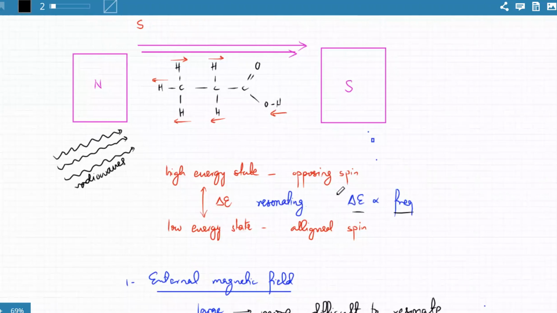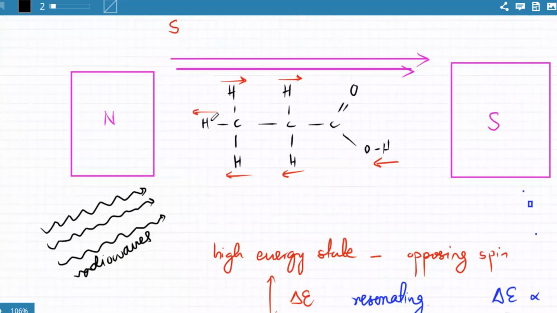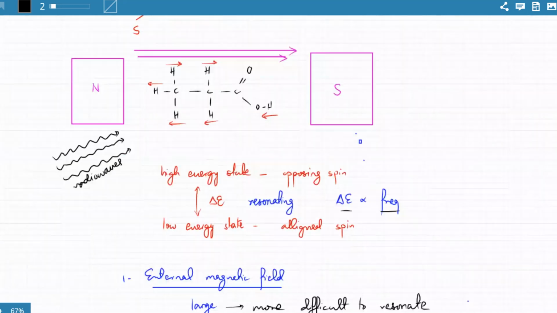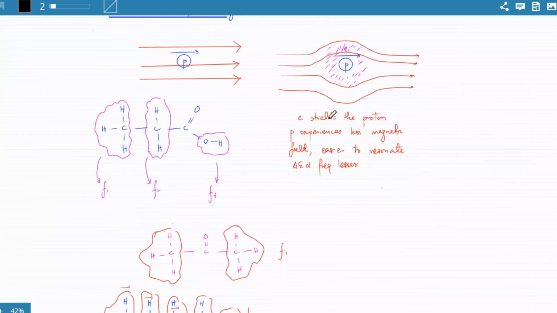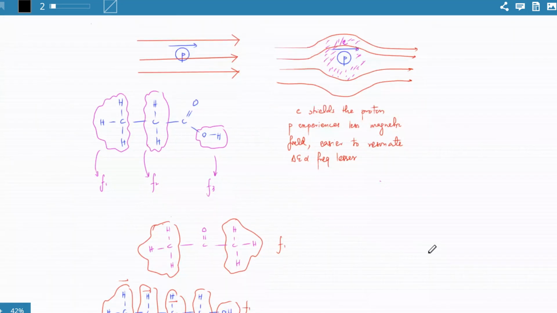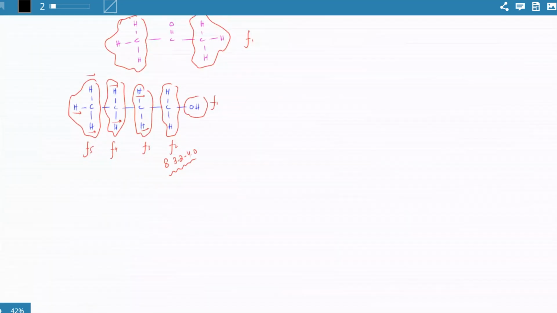The energy needed to oppose the external magnetic field depends on the chemical environment, like how much the proton is shielded by electrons, so it depends on what it is bonded to. So the resonance frequency depends on the chemical environment, or the electron cover that the proton has.